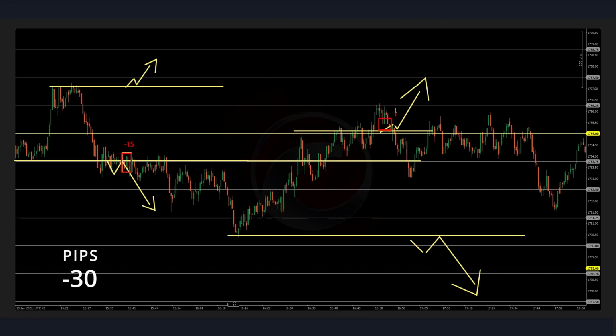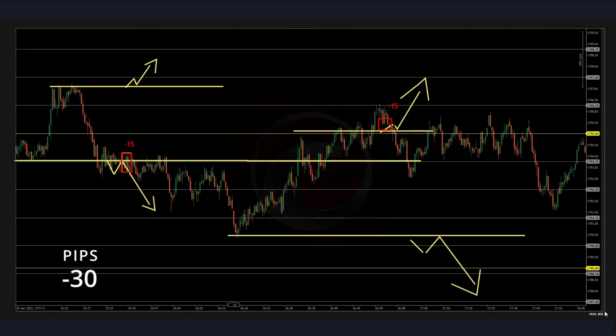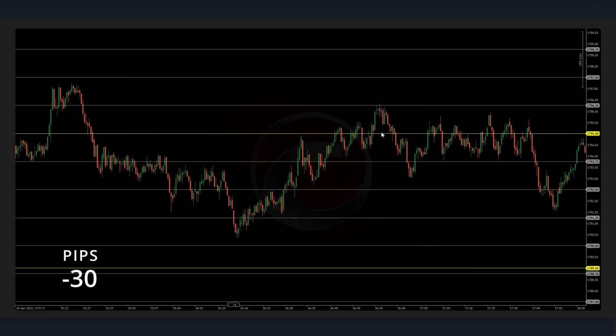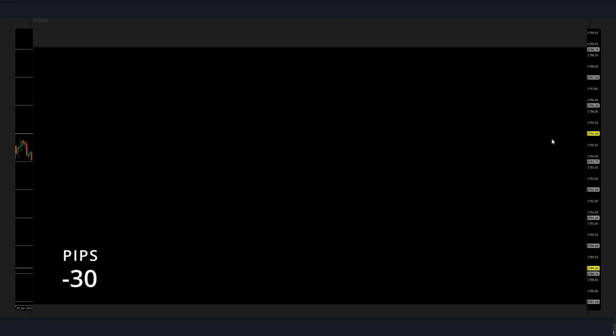So if we had to take these two, minus 15, and that would be the first day of the session. So now let's move on to the next one.